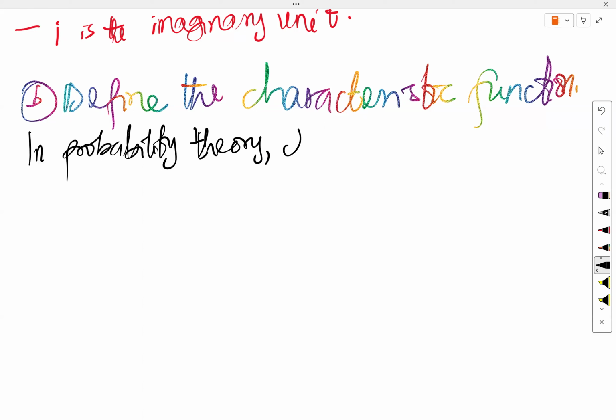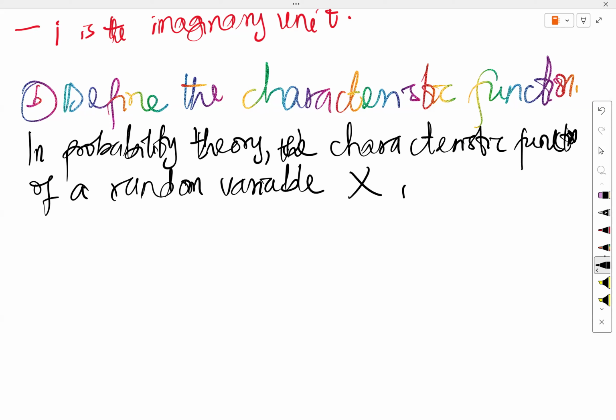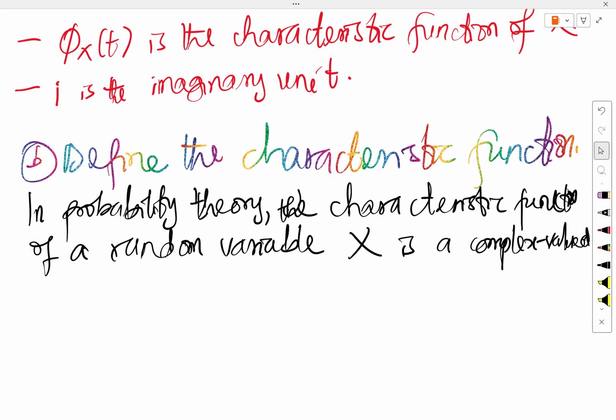In probability theory, the characteristic function of a random variable X is a complex valued function, very important, complex valued. That's why you see this imaginary unit in what we had here.